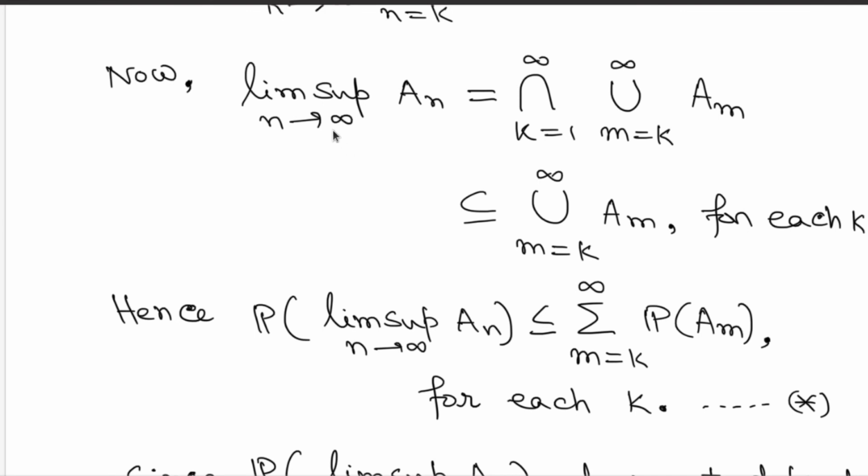So let's look at that. Since we have a probability measure, in particular this is a measure, so you have the monotonicity condition. Limit superior An is contained in this union from K to infinity. Therefore the probability of lim sup should be less than or equal to the probability of the union from K to infinity. But then these sets An need not be pairwise disjoint.